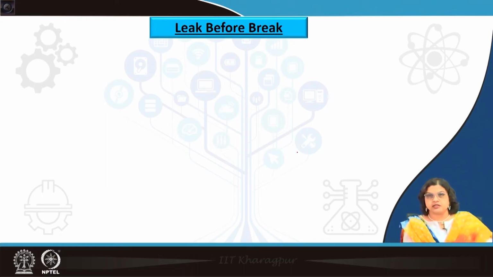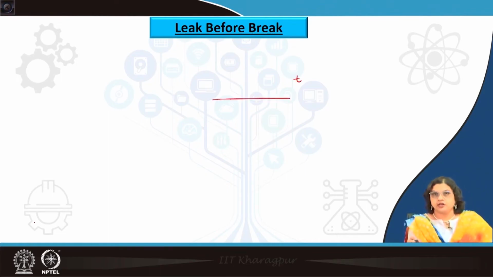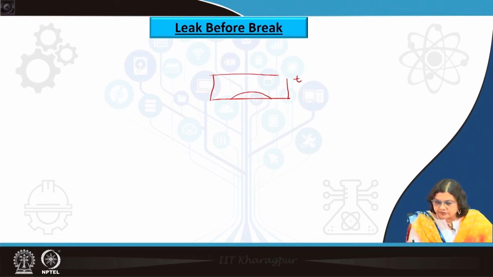Let me explain this in a more clear way. So, let us consider a cylindrical pressure vessel, in which there is a semi elliptical flaw on the inner surface of the pressure vessel, and let us say that this is the thickness.